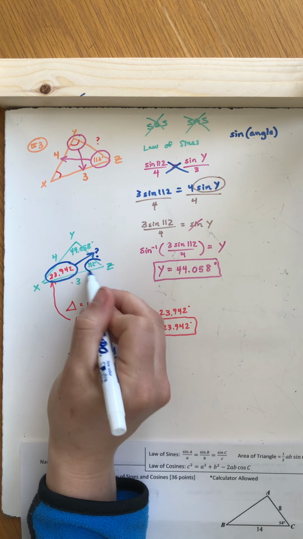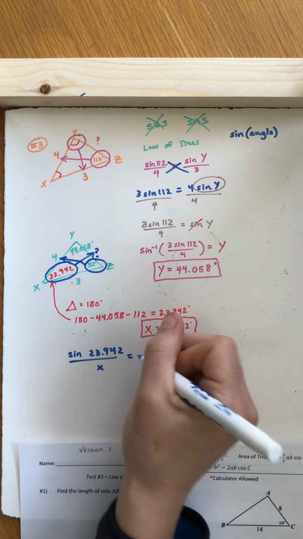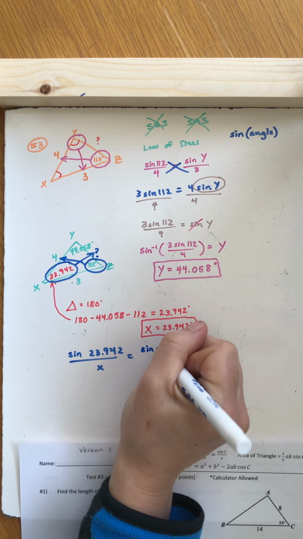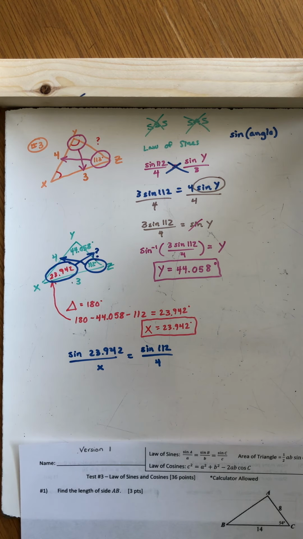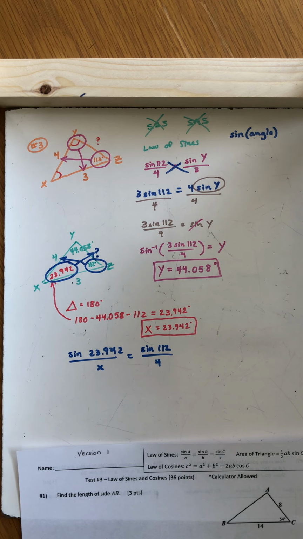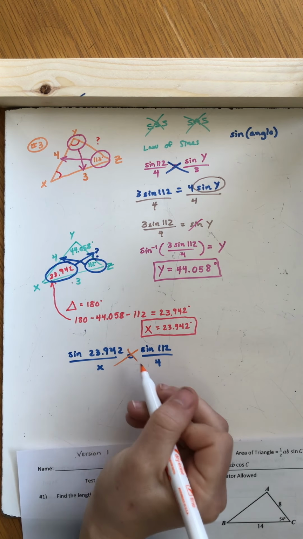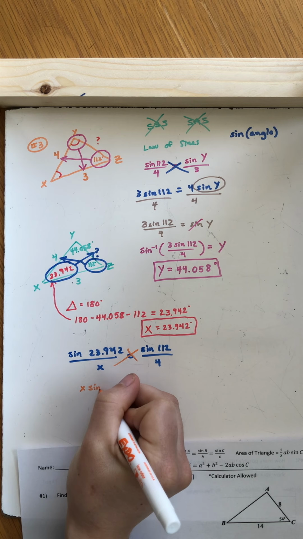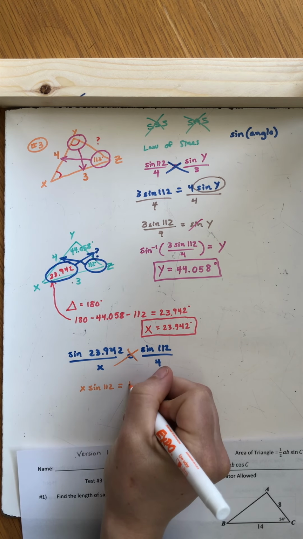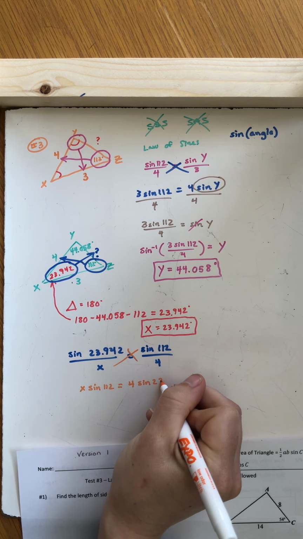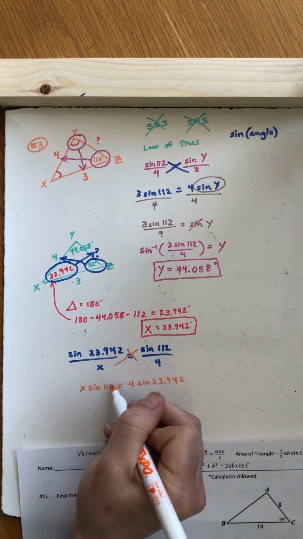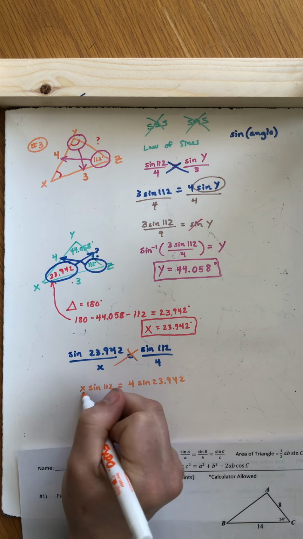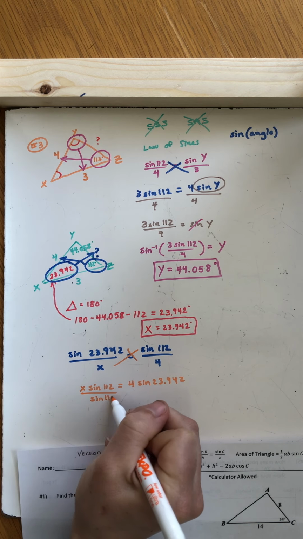I'm going to use Z just because they don't involve decimals. You want to go ahead and cross multiply here. Now, remember the sine is with the 112, so I can divide by the sine of 112.